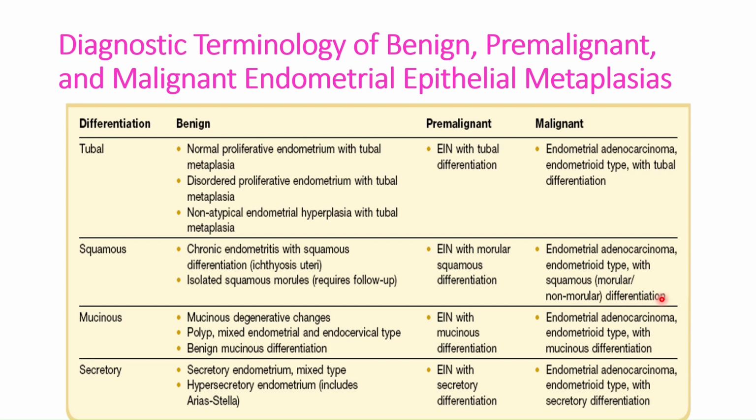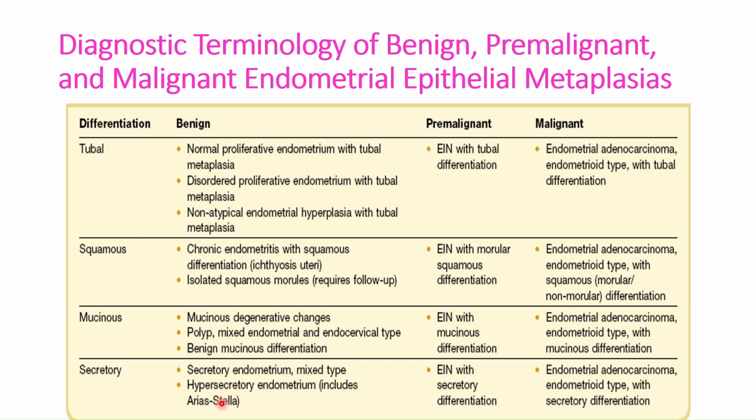Mucinous metaplasia: mucinous degenerative change or polyp with mucinous or endocervical type change or benign mucinous differentiation, and EIN with mucinous differentiation, and in a malignant condition endometrial adenocarcinoma, endometrial type with mucinous differentiation.